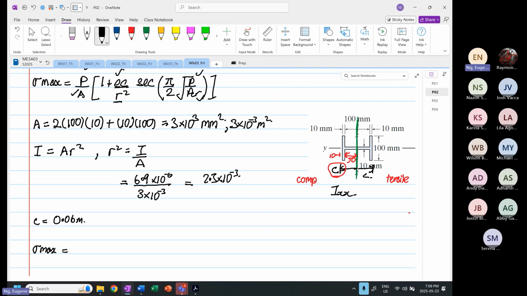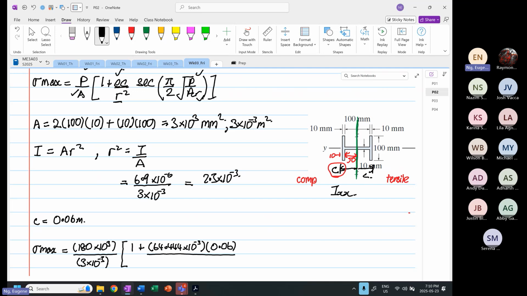So the P we had is 180 times 10 to the power 3, divided by our cross-sectional area, which is 10 times 10 to the power minus 3. And then we have our bracket 1 plus our E, we know is equal to 64.444. And then we have our C, 0.06.